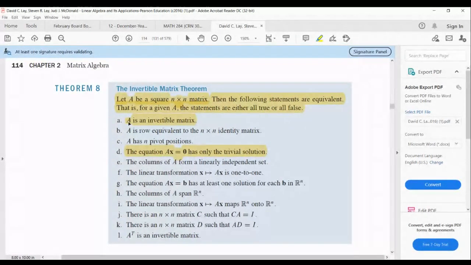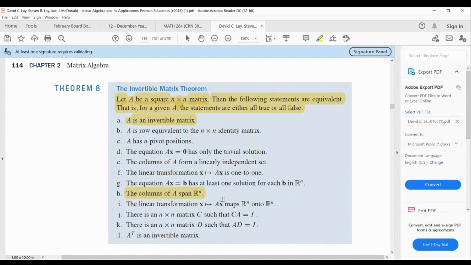So here's another thing. If A is invertible, it turns out that the columns of A span n-dimensional space.